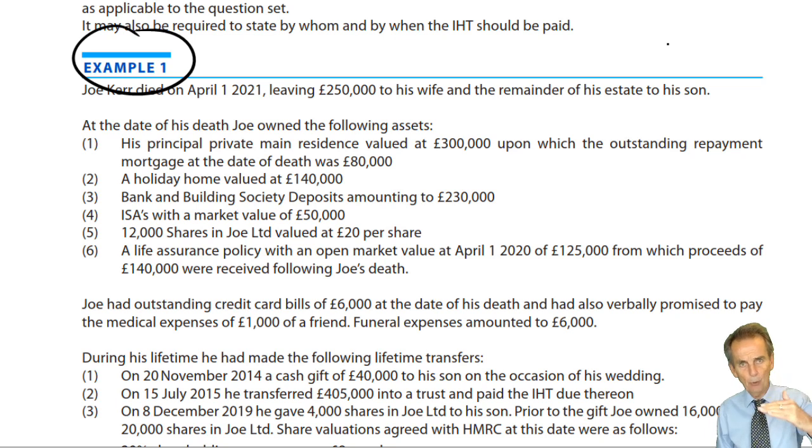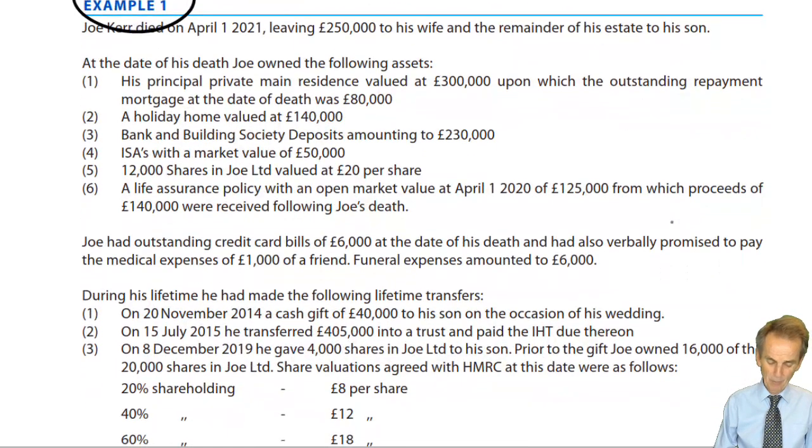Again, at any point, any one of the 5 questions within the Section B question could be asking you for a specific figure. Like, for example, the first computation we'll be doing, once we've read through the question, will be to compute those chargeable transfer figures.